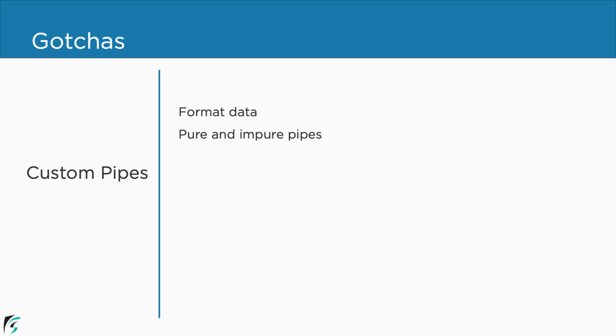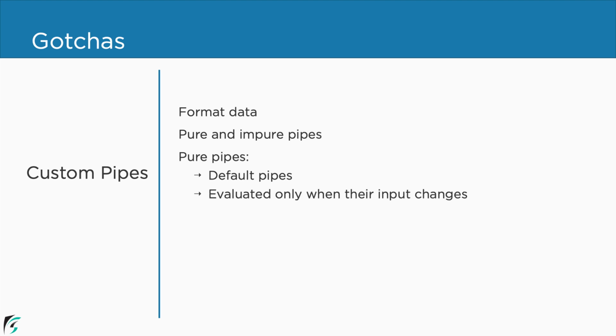There are two types of pipes, pure and impure. Pure pipes are the default ones. They are simple and easy to use, and are run only when their input changes. This makes them very performant. Whereas the impure pipes are the advanced ones, which are extremely difficult to use properly.